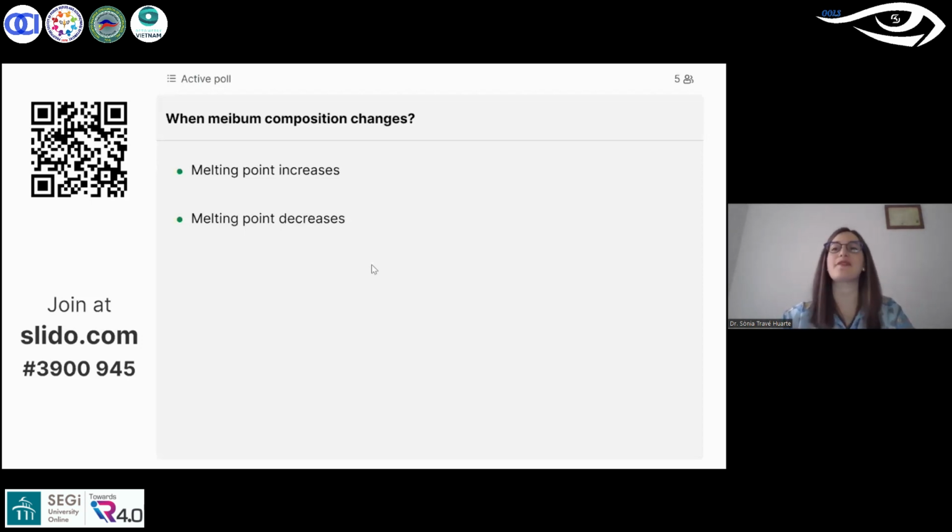So what we know is that the meibomian itself keeps changing with the patients that have meibomian gland dysfunction, and it tends to become more viscous because we have other sort of substances within. Now we're going to see the idea.